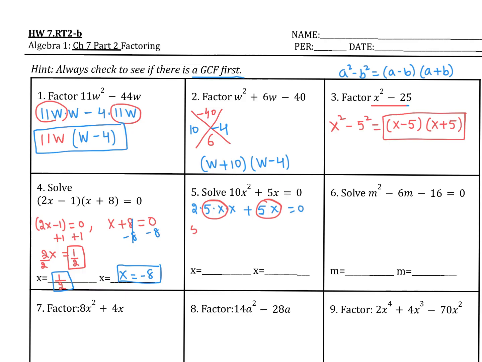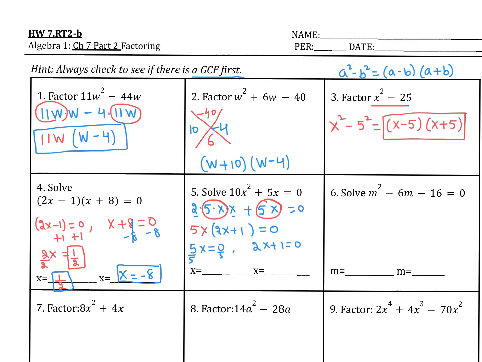So the 5x gets out. What is remaining inside is 2 and x, so 2x, and the place of the 5x is going to be plus 1, equals 0. So you're going to put 5x equals 0, comma, 2x plus 1 equals 0.